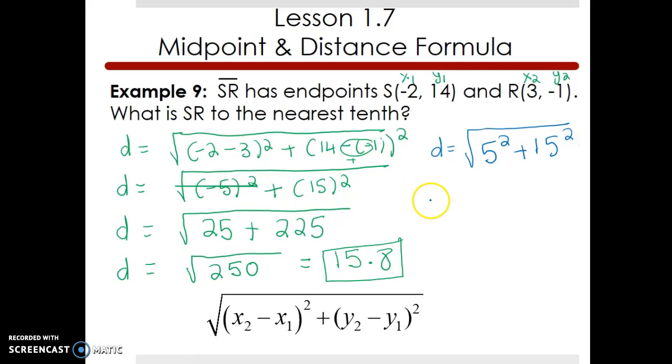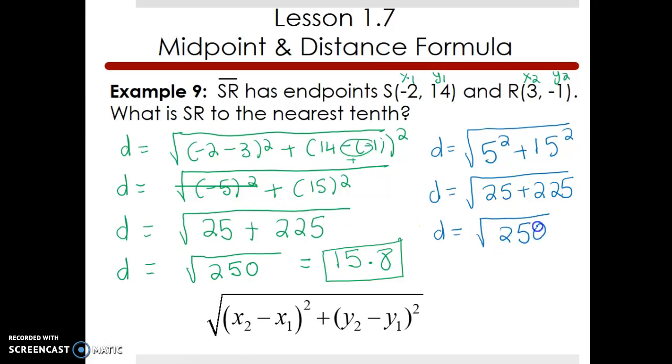Again, if you notice, you get 25 plus 225 again, which is the same thing as square root of 250. So I'm just skipping this step. I'm kind of doing that step mentally.